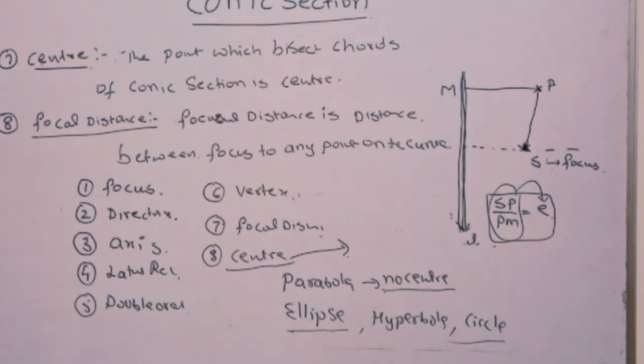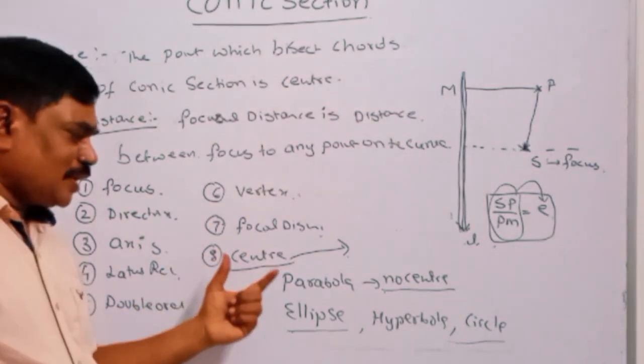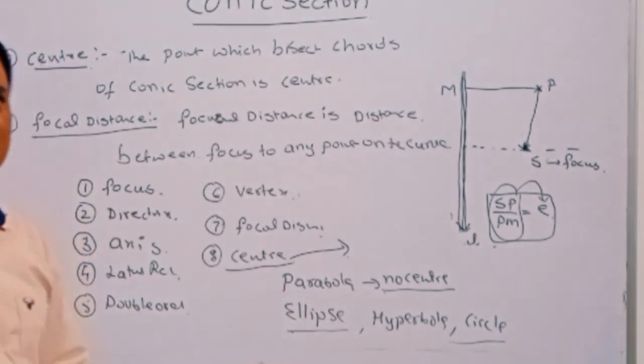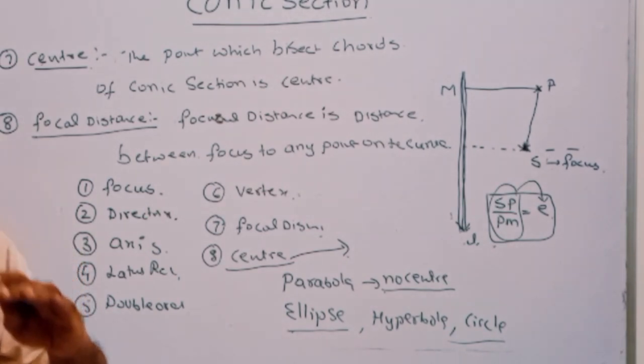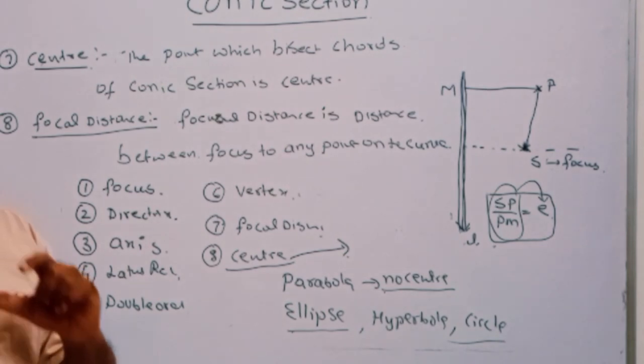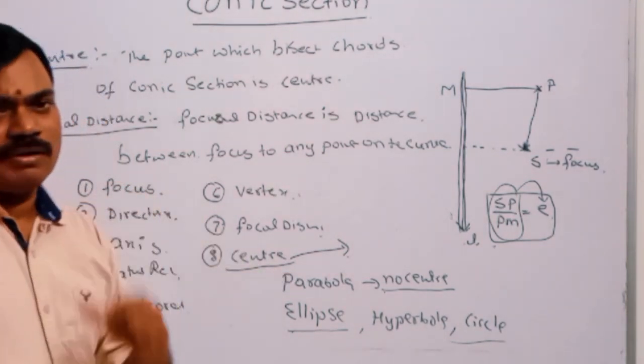What are the conic sections? Parabola, ellipse, hyperbola, circle, pair of straight lines. When a plane cuts the double cone, these are formed.